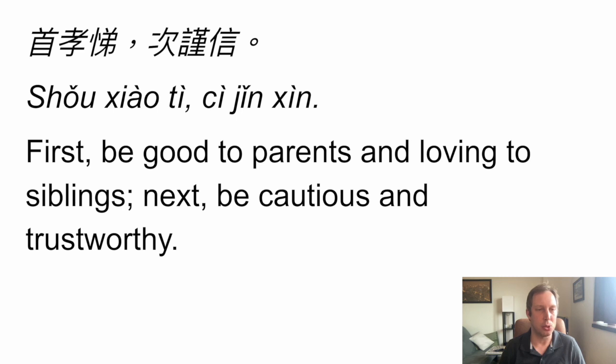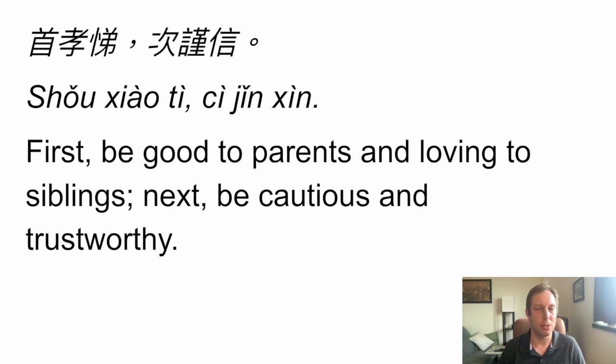This is again a common structure where you have a phrase with an "and" clause, and you would say blank and blank. So it's not like 孝 is the adverb and 悌 is the verb. No, they're both verbs. So it's first be good to parents and loving to siblings.